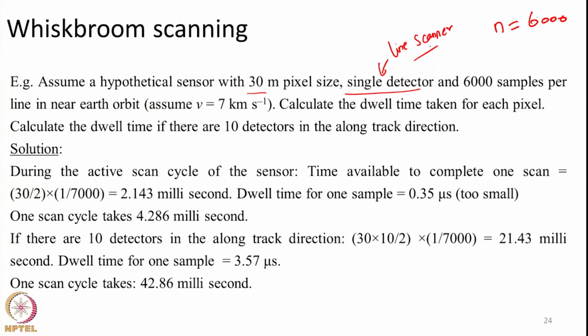So, now for a line scanner we are going to calculate the dwell time. Traditionally, like in the last when I explained the theory part, I said before the satellite moves 1 pixel distance ahead, the scanning should be complete.